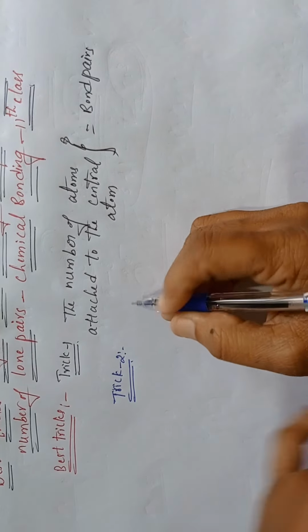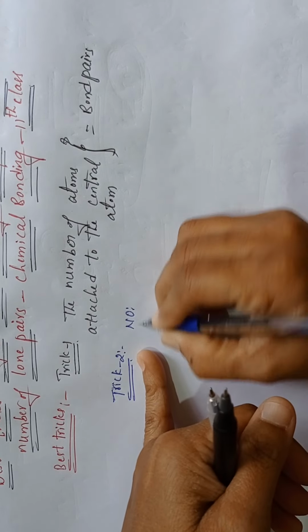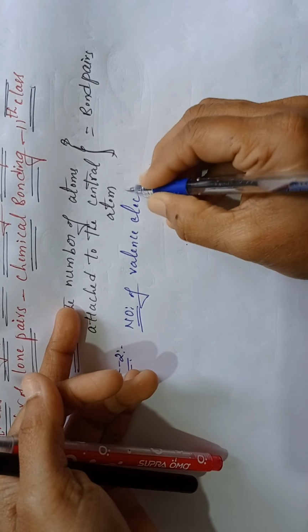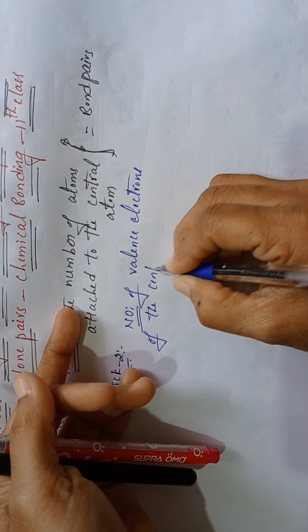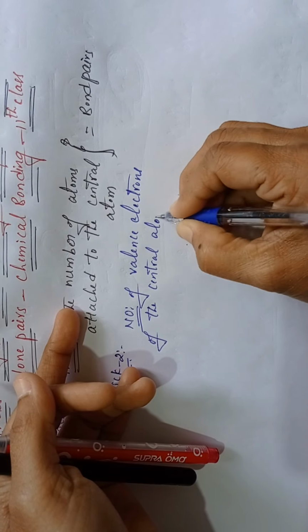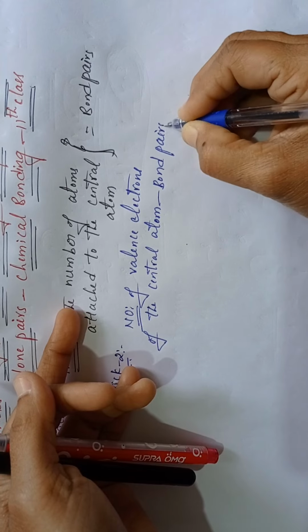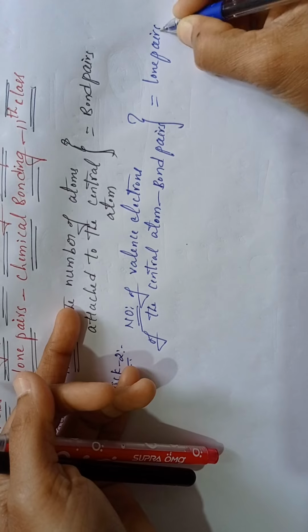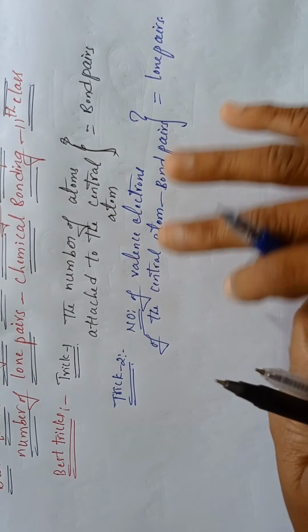That means number of valence electrons of the central atom minus bond pairs is equal to lone pairs. Understood? These two tricks you have to remember, students.